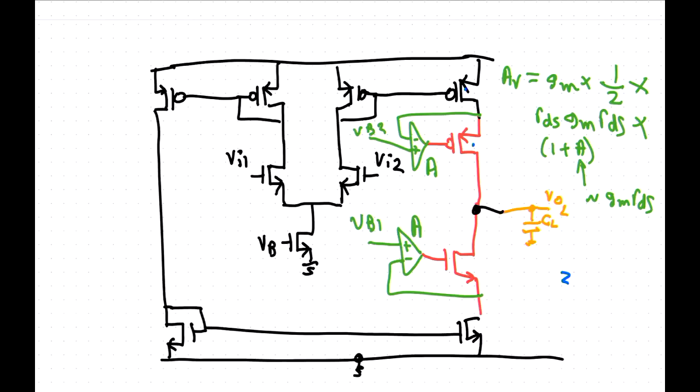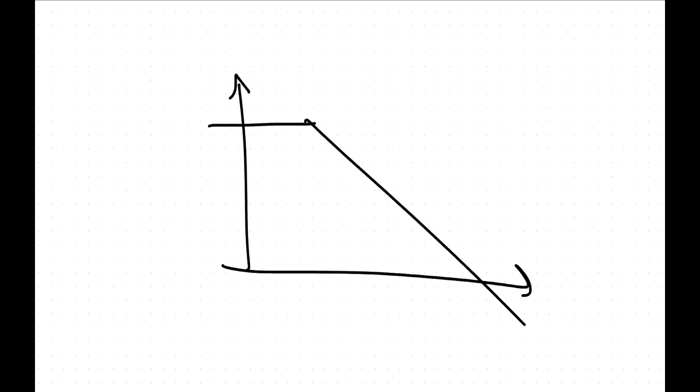And do you really need that much gain? That's an important question to ask yourself, because in most cases, if you look at an op amp's output characteristic or transfer characteristic, it looks like that. Gain and frequency, log plot.